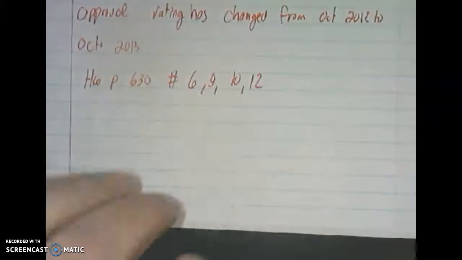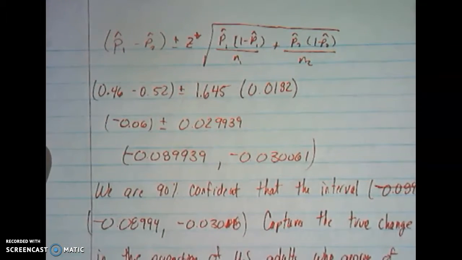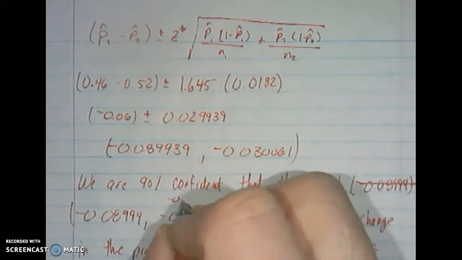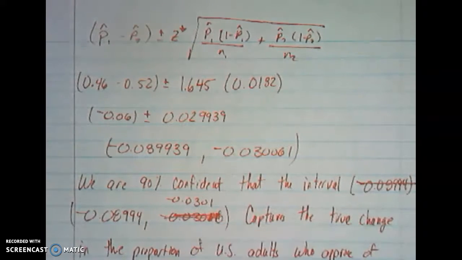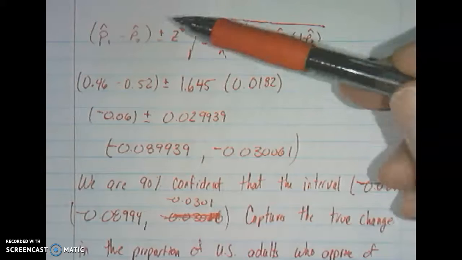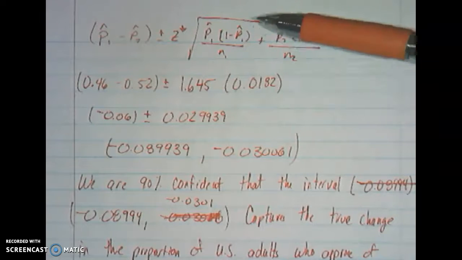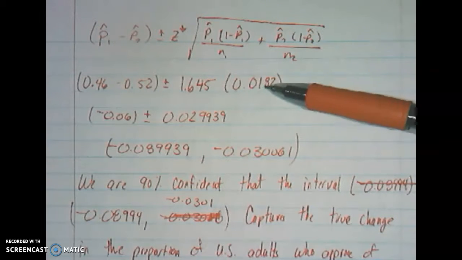The rest of B was to construct an interval, and you can tell I was running out of time because my handwriting went really bad because I was hurrying. Here's my standard error, here's the z, and there's my formula. I plugged everything in, and because I already did all the work from the previous section, I just put the answer down.